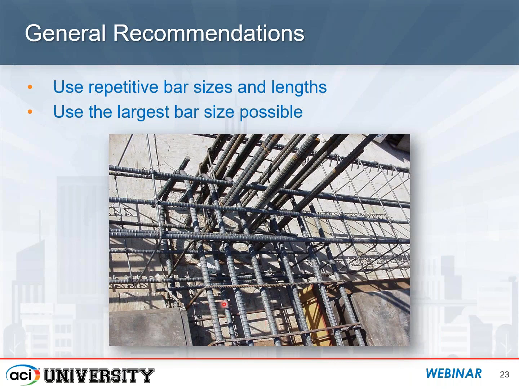If you can imagine, if you provided the same amount of area of steel, but doubled the number of bars that are coming into the column from the beam, you can imagine the congestion that would occur at that particular column. So again, these are things that if you implement them, if you can, it's going to automatically have a positive effect on the constructability of your structure.